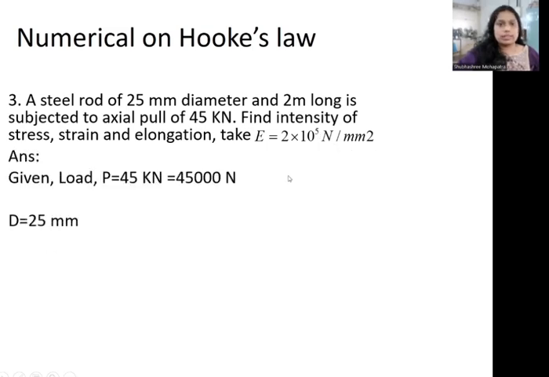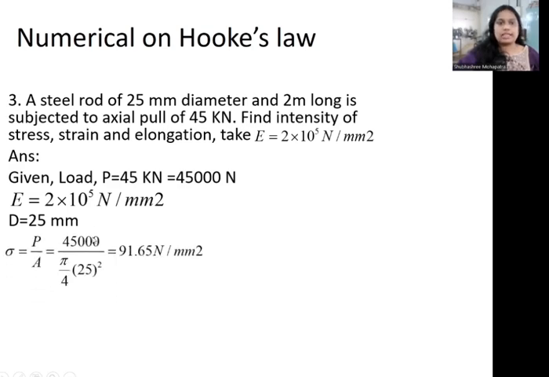Let's first write down the given data. According to the question, we have load, that means P equal to 45 kilonewton. Young's modulus is 2 into 10 to the 5 Newton per mm square. Force we have to convert to Newton, so 45 kilonewton is 45,000 Newton. Diameter is given as 25 mm and length is given as 2 meter.